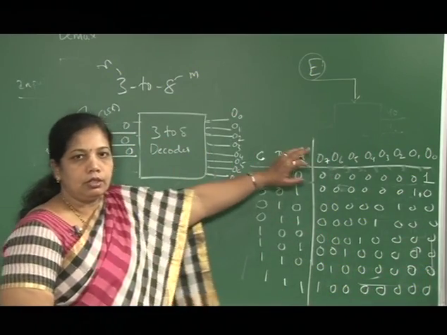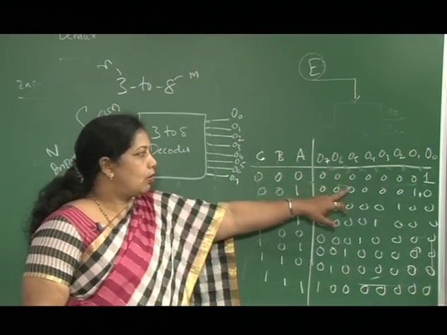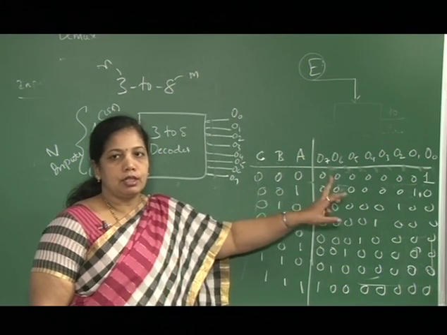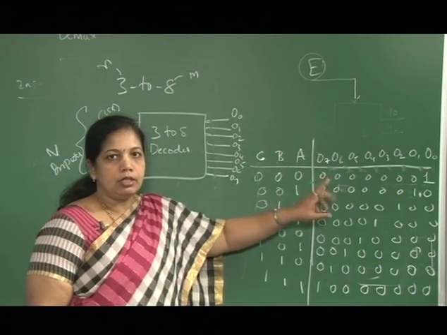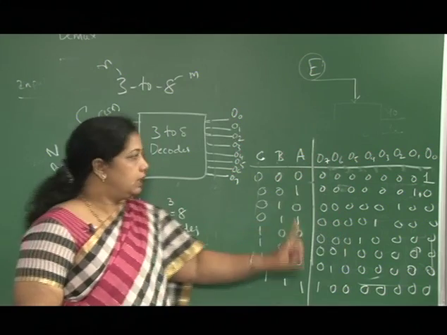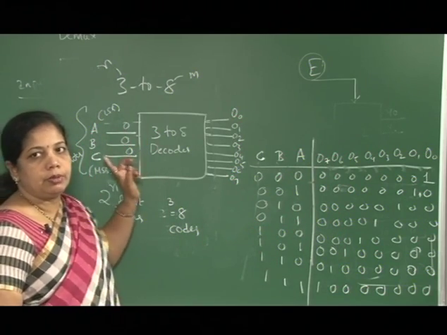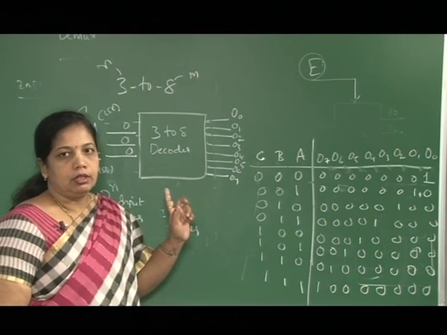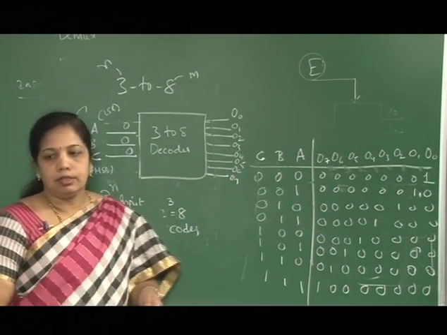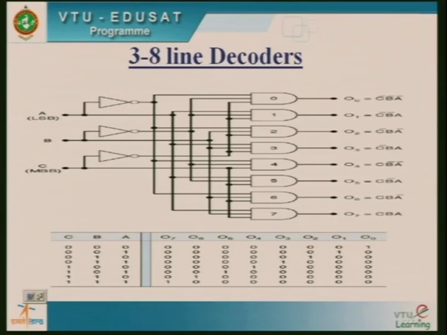You can just see in the truth table only one output line is active at a time. This output will be active only based on the code I have given. You can just see the circuit diagram over here.